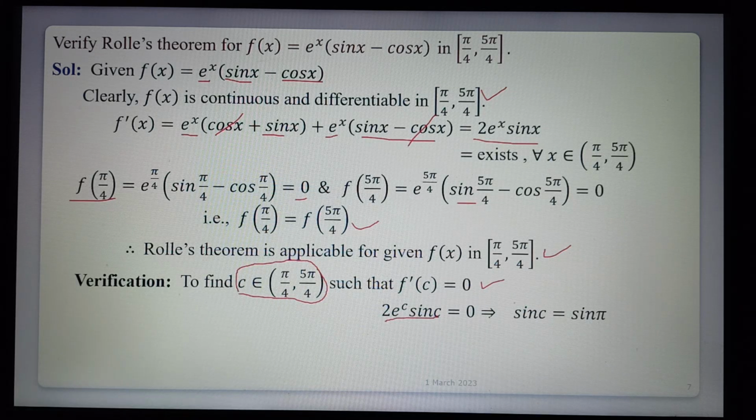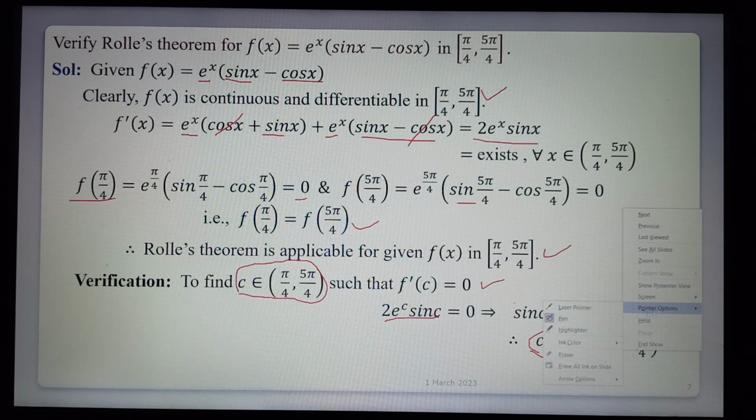Choosing within the given interval, there exists one point, which is 0, that is sin n pi with n equal to 0. Therefore c is equal to 0, and 0 must belong in minus 5 by 4 comma 5 by 4. Therefore Rolle's theorem is verified.